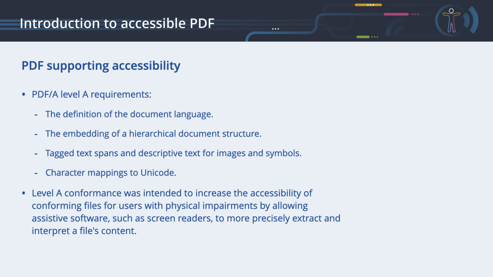Additional requirements are the definition of the document language, the embedding of a hierarchical document structure, tagged text spans and descriptive text for images and symbols, and character mappings to Unicode. Level A conformance was intended to increase the accessibility of conforming files for users with physical impairments by allowing assistive software, such as screen readers, to more precisely extract and interpret a file's content.